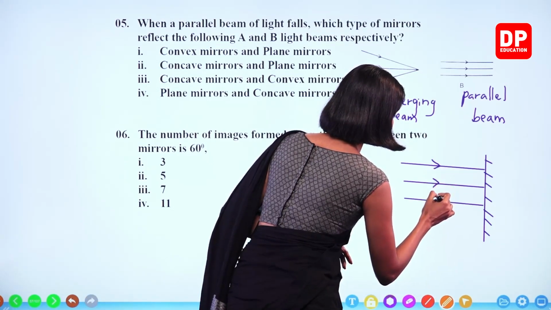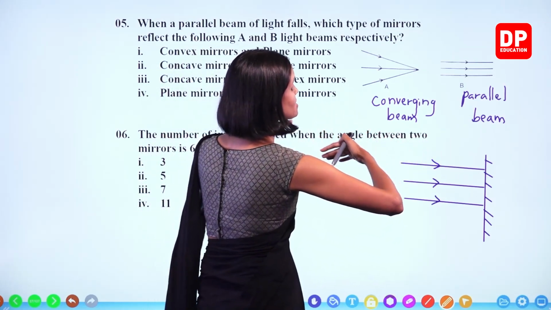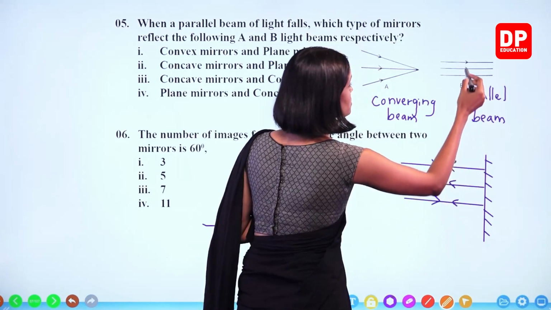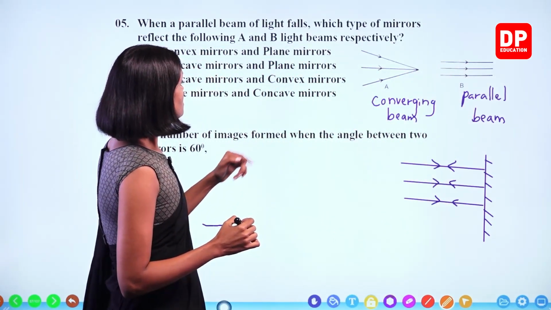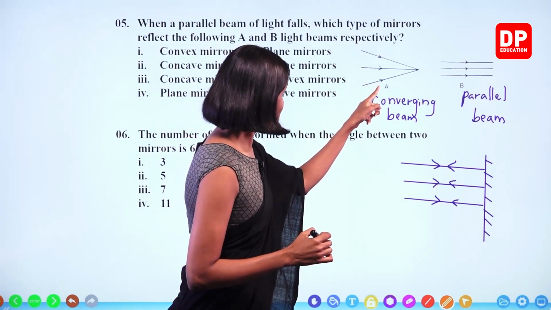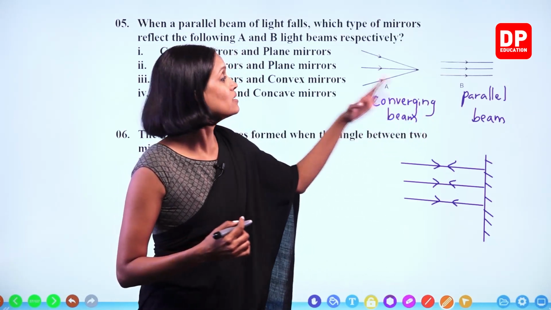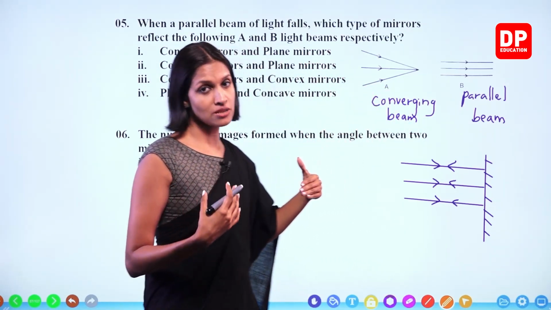It comes as a parallel beam. After reflecting, it goes as a parallel beam too, right? So, this should be plane mirrors. Okay? So this should be concave mirror. This should be plane mirror. What about the convex mirror? A parallel beam of light is converted to a divergent beam.